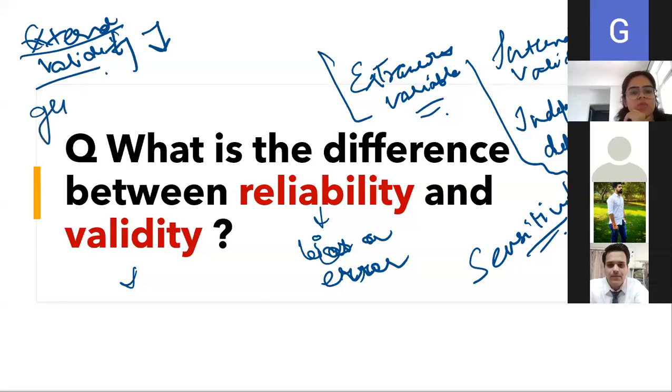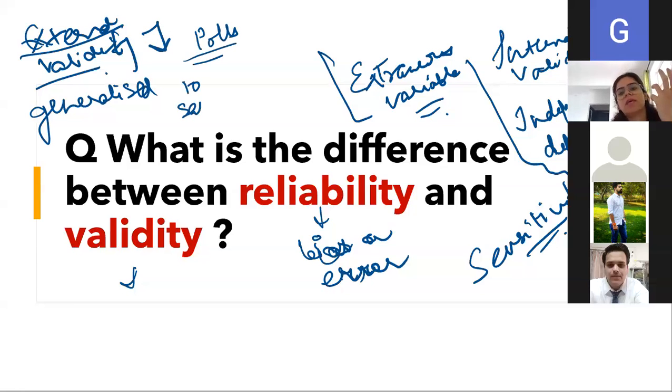Yes. If you are taking just a sample of 10 and then generalizing to a whole population of say 2 lakhs or 3 lakhs, you are taking a very small sample, so you can't generalize it. So you are lacking in external validity. The sample can't portray the behavior of the whole population.